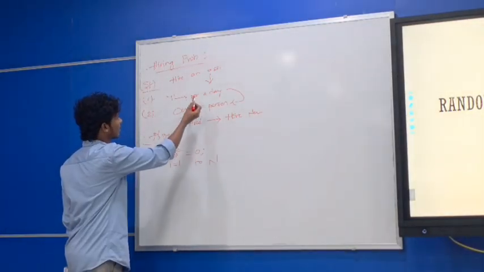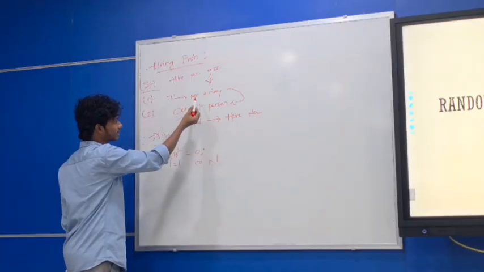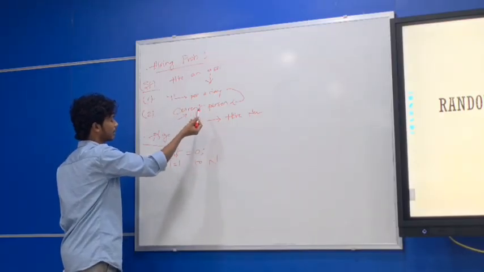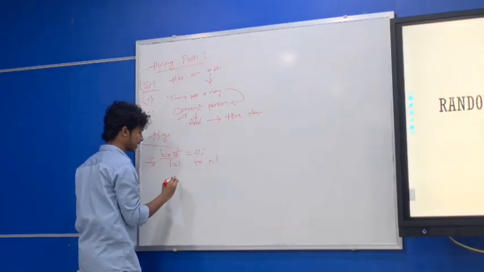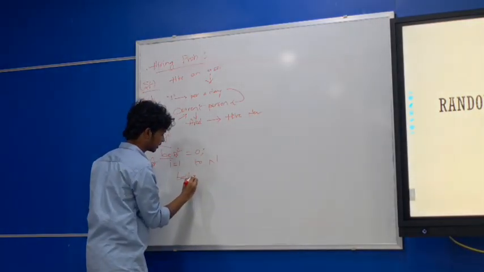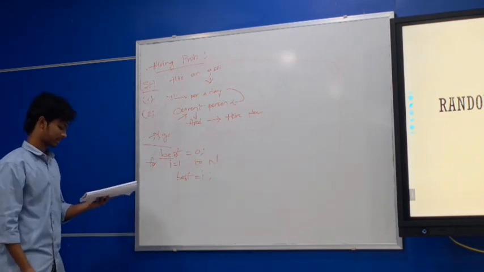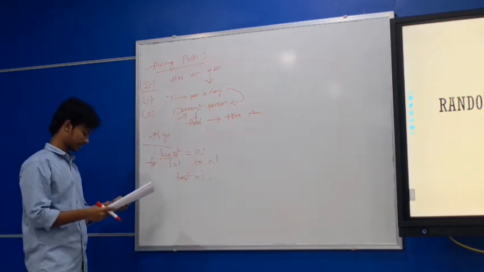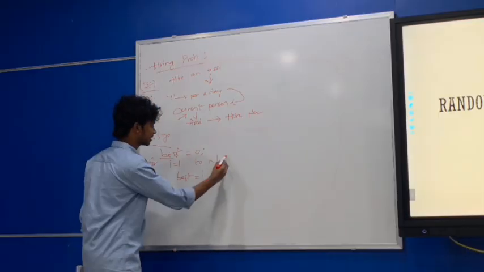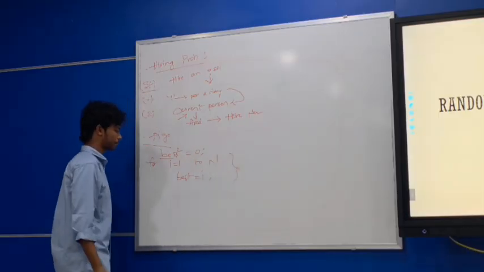If the new person is better than the current person, we simply change it: best equals y. This is how the algorithm works.